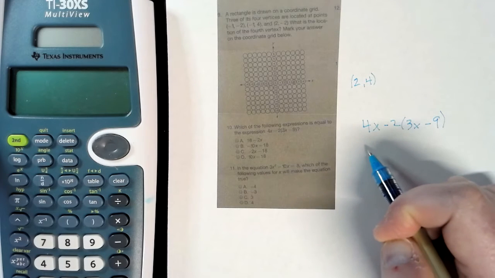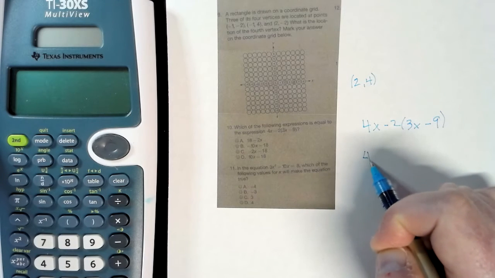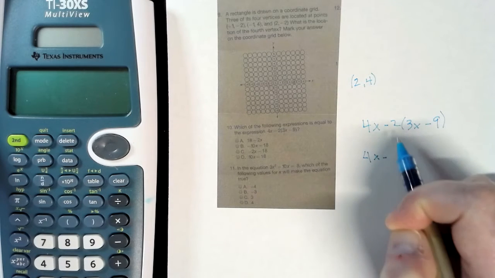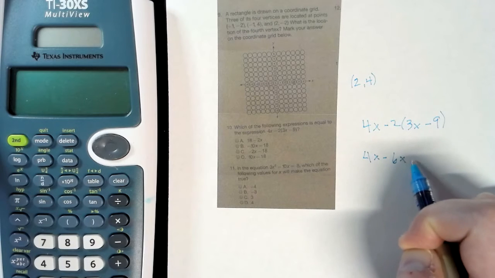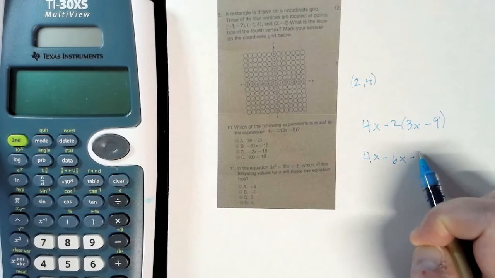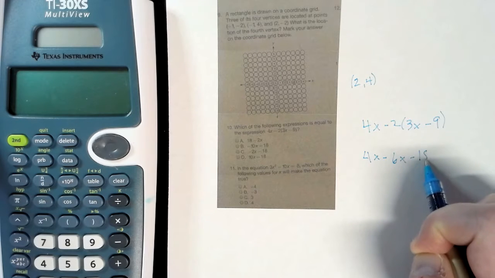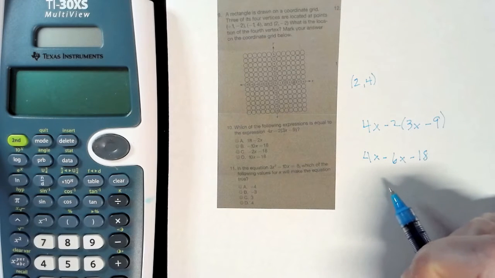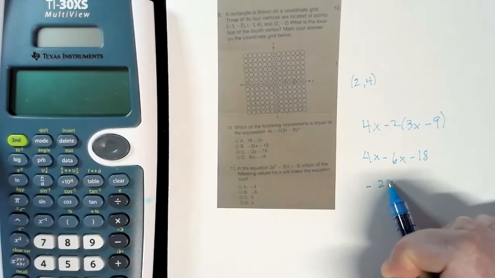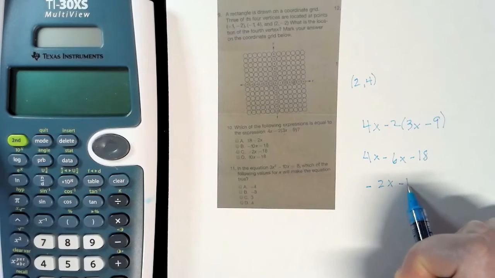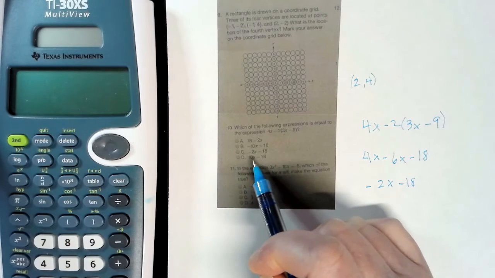And we're just going to simplify it. 4x minus 2 times 3 is 6x, minus 2 times 9 is 18. And then combine these two, you've got -2x minus 18. Look at your answers.